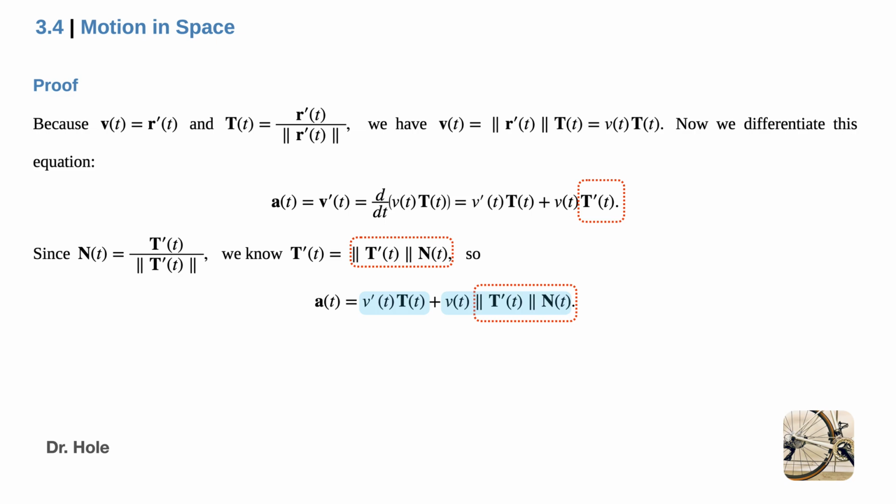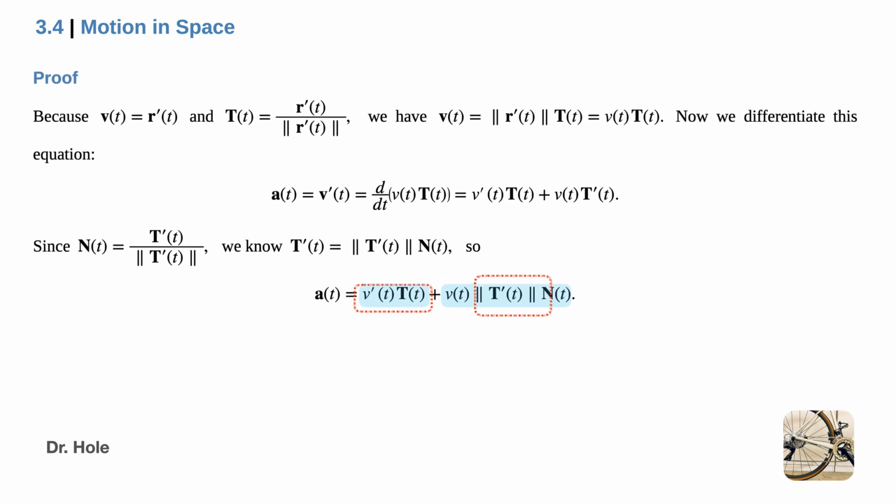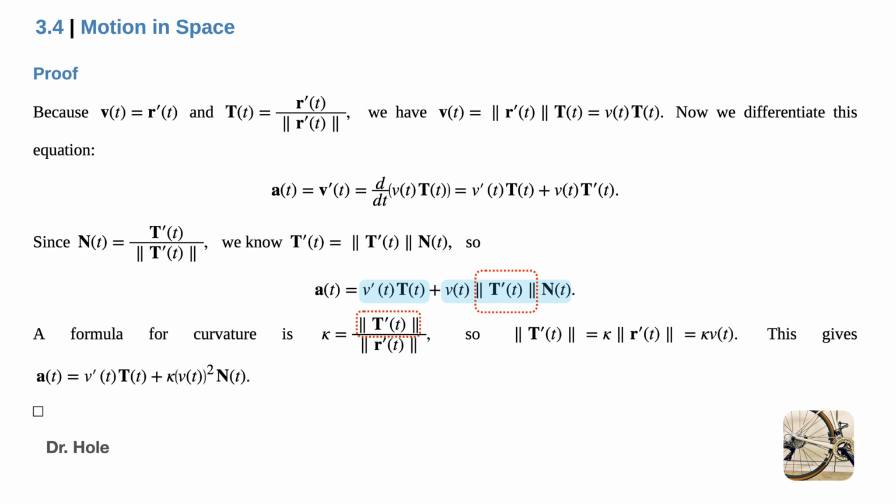Nice. So we're almost done. We now look at, well, what's an expression for the norm of a derivative on the unit tangent? And we can think back to that curvature video and know that kappa, as the first alternative formula, is this quotient.